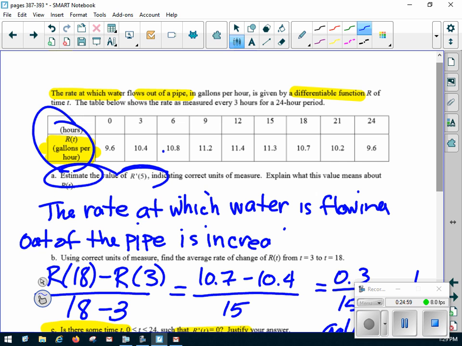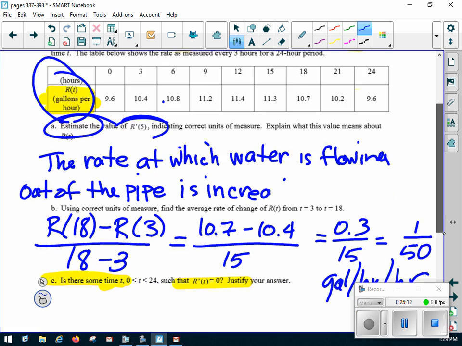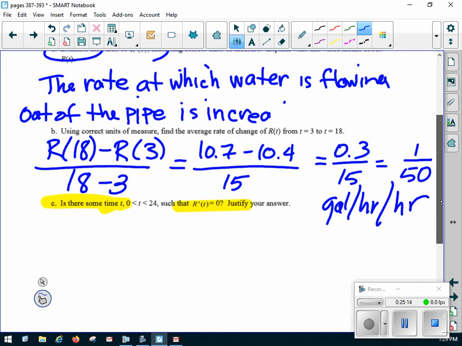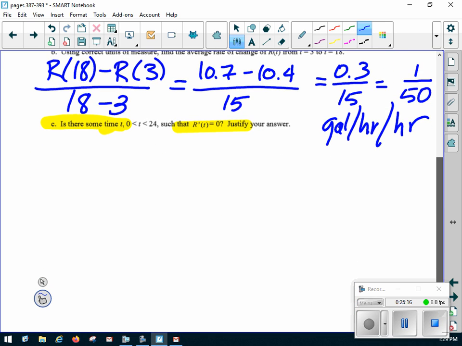Is the function continuous? Yes. How do you know that? Because it said the function was differentiable from 0 to 24. Notice, we went right by it. F is continuous on 0 to 24.